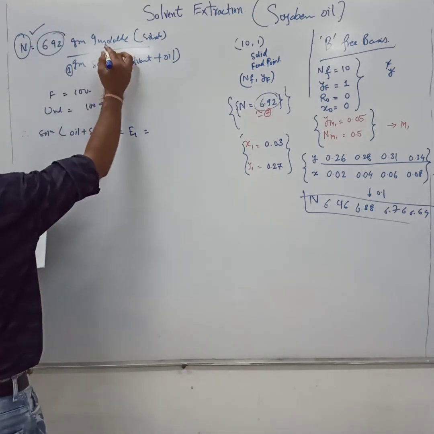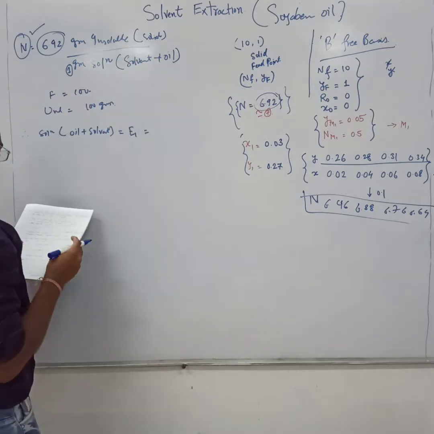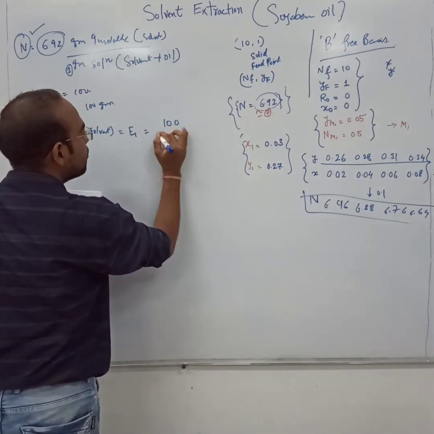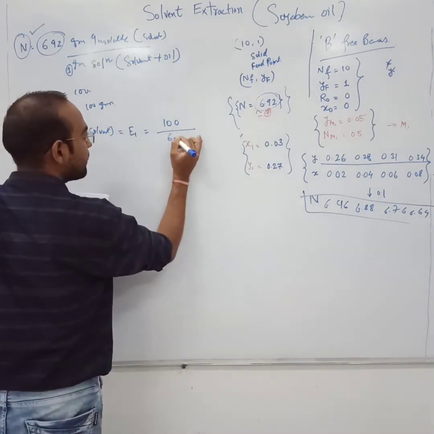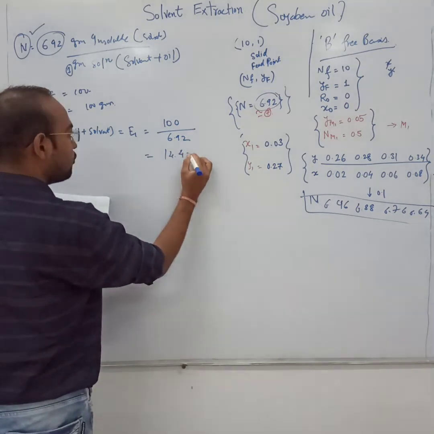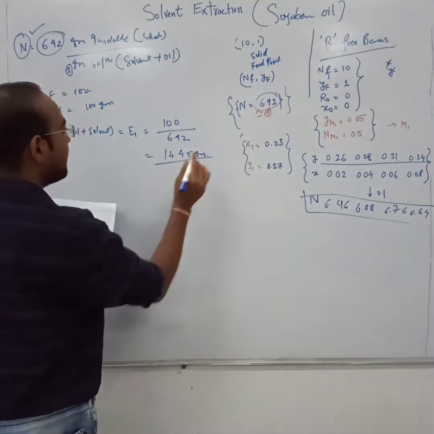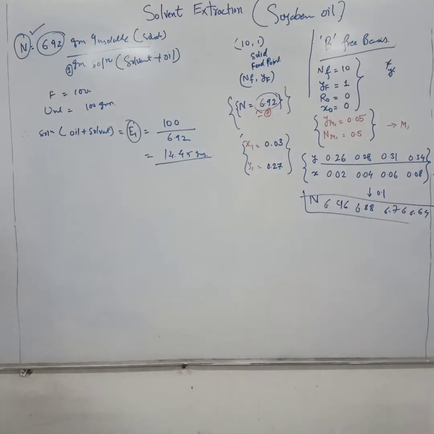It shows the amount of insoluble material present in 1 gram of solution. So how much insoluble material is present in your 100 grams? It comes to around 14.45 grams. This is the value of your E1.